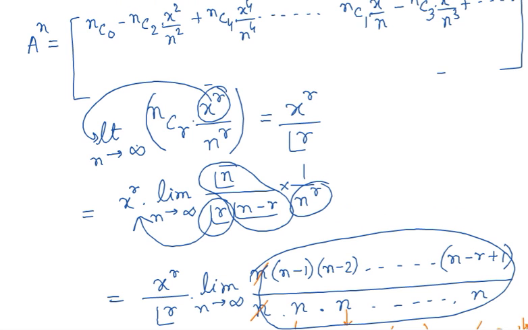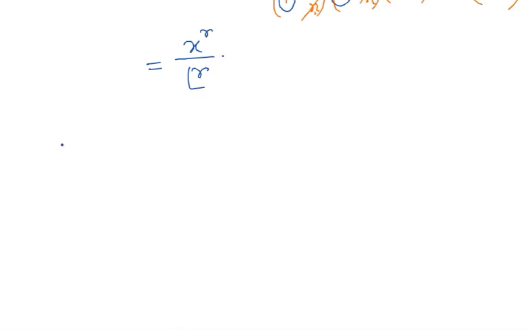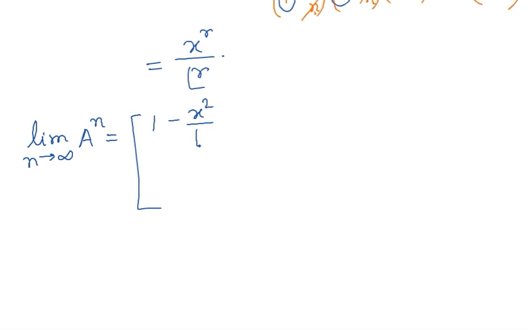So we can see that this is a limiting question whose answer is x to the power r by factorial r. Now if we apply this limiting value for each and every individual term in a to the power n, then you can see that an interesting thing is coming for a to the power n. So let's see, limit n tends to infinity, a to the power n will come out to be 1, NC0 is 1, minus the next one will become x square by factorial 2, the next one will be plus x4 by factorial 4.